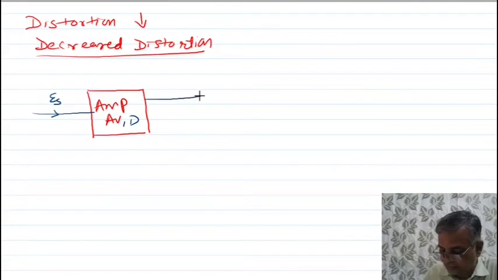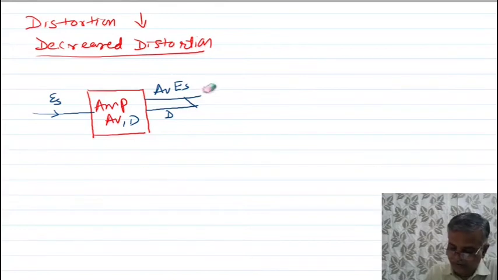It's very simple, you know that: gain multiplied by input plus distortion D. So your output is nothing but AV ES plus distortion D.